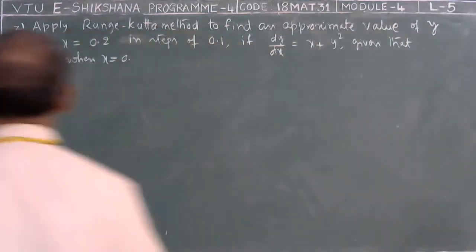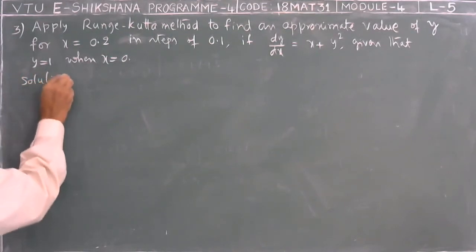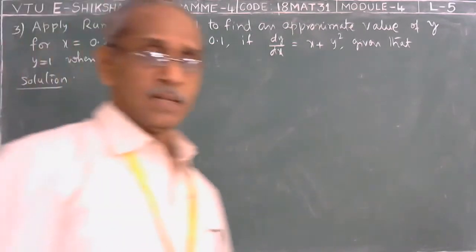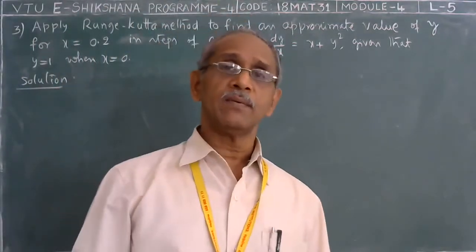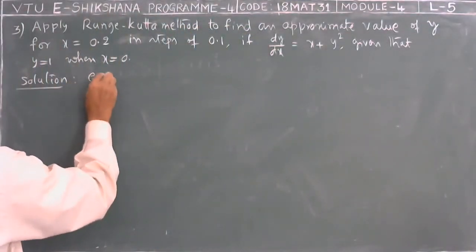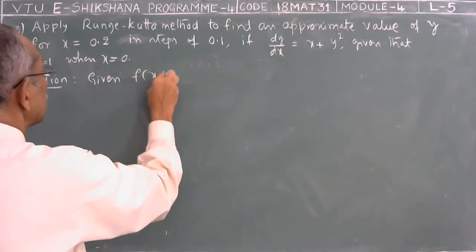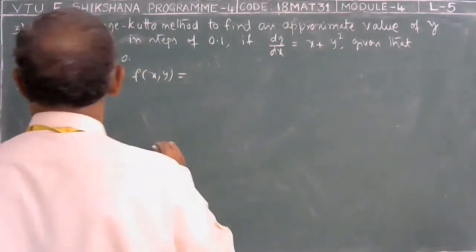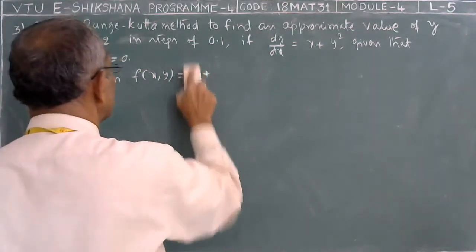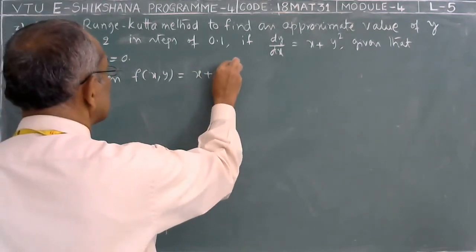Let me write the given data first. It is always good to write the given data before we start applying the method. Runge-Kutta method of fourth order. Given f of x comma y is equal to x plus y square.